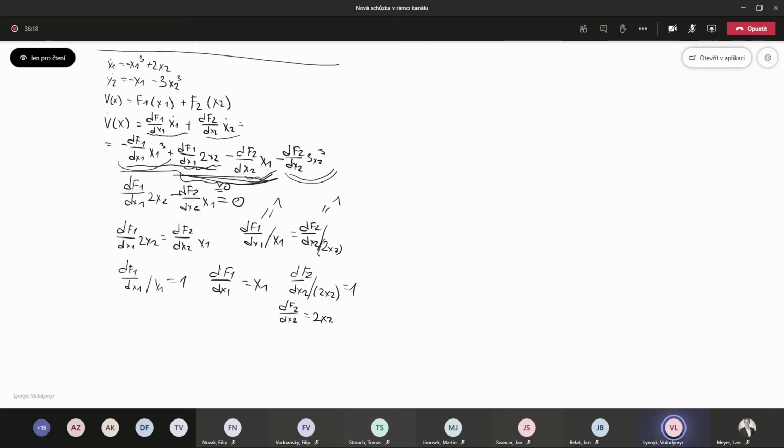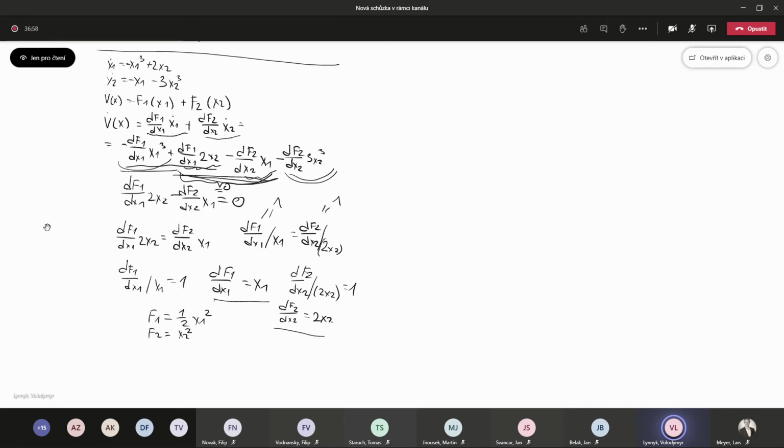And now we can integrate this part and this one, and after integration f1 is equal to 1/2 x1 squared, and f2 equal to x2 squared. Any question here in this step?